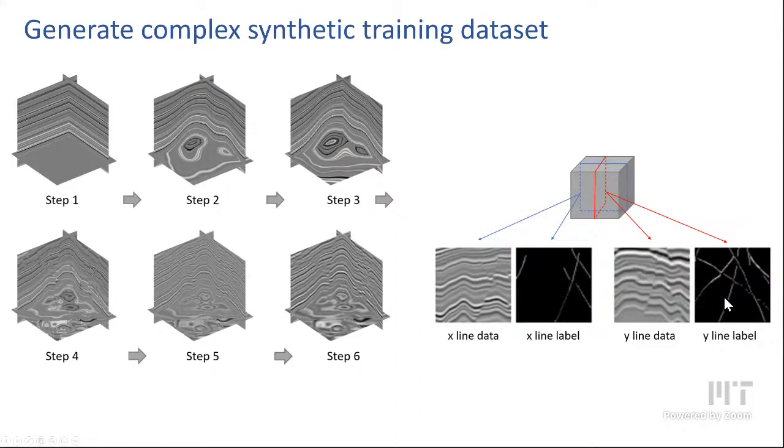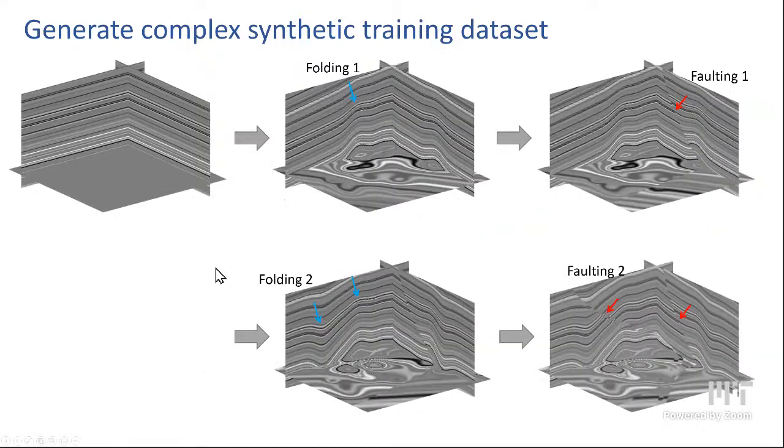They are curved and may be truncated, and they are interacting with others. This also gives you an idea about how multiple sequences can be generated in the synthetic data to mimic complex geology.